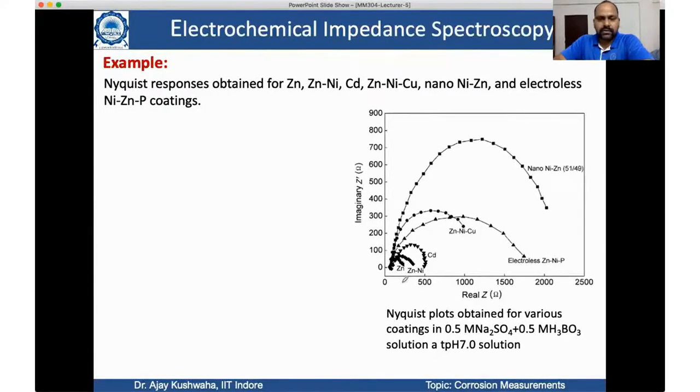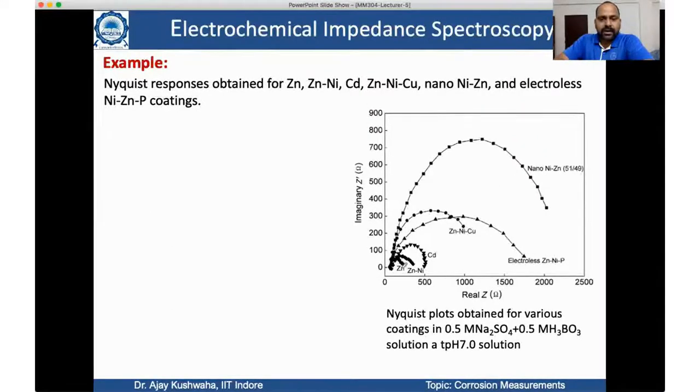See, in the x-axis the real Z value varies from 0 to 2500, and in the y-axis the imaginary Z double dash. Sometimes people also write Z and Z dash, so don't be confused. The x-axis is the real part and the y-axis is the imaginary part. Here they have just Z and Z double dash. It's even good, now we have clarified this point. The y-axis is again 0 to 900.